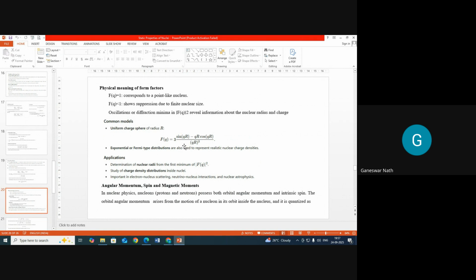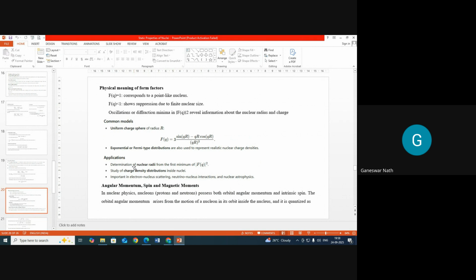If you differentiate this, you can get the result. Experimental or Fermi-type distributions are also used to represent the realistic nuclear charge density. That means the nuclear form factor can be estimated from these two formulas or concepts, and we can apply this form factor concept.